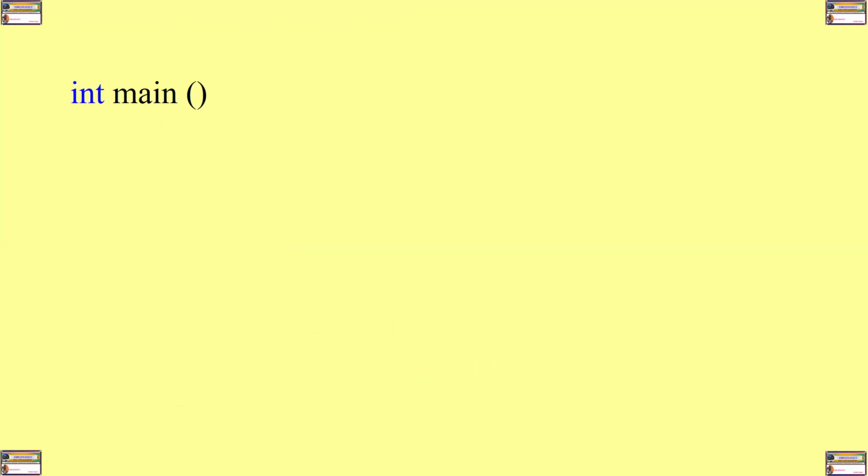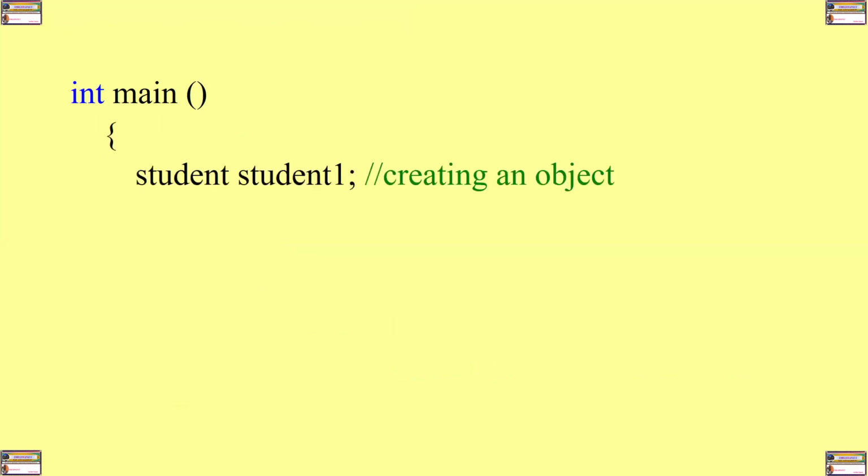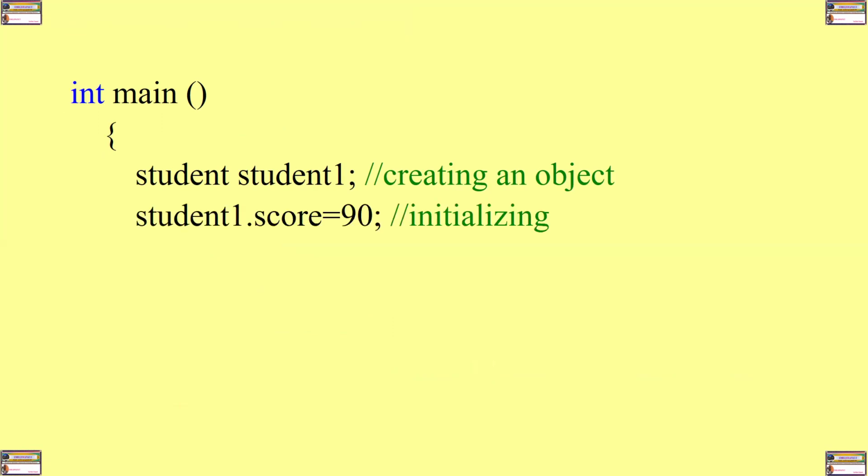Then we move to our main program. We declare the instance for our class by the name student1. Then look at how we are directly initializing the members of the class, or the student, directly. So this statement is initializing the member called score with the value 90.